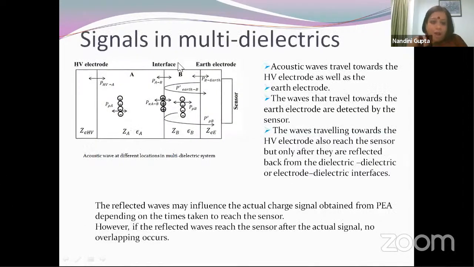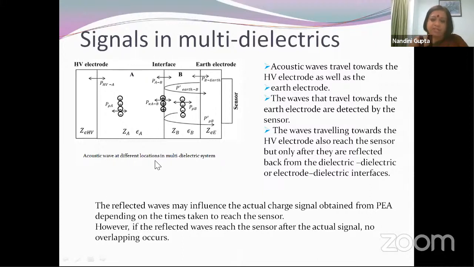Now, one problem that you expect in PEA measurements when you have interfaces is this. In PEA measurements, we have acoustic waves traveling through the material, and we expect the acoustic waves to start from the high voltage electrode and arrive at the sensor, where they will be measured.